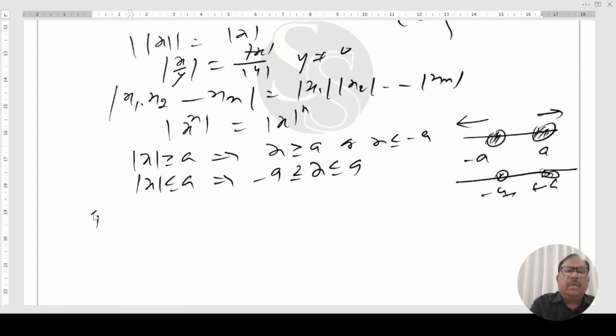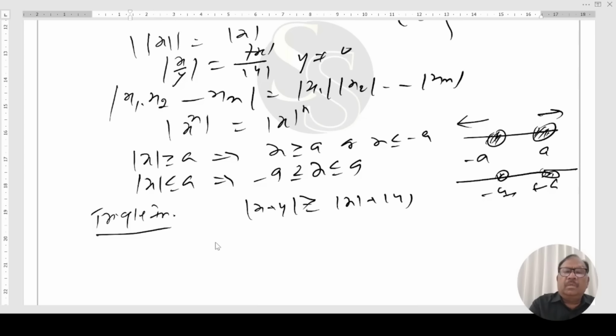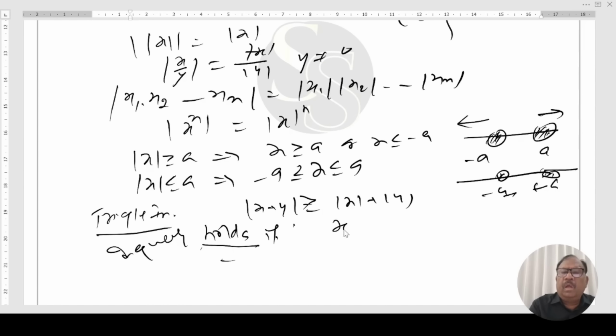Then the triangle inequality: mod of x plus y is less than or equal to mod x plus mod y. This inequality holds if x into y is less than 0, and equality holds when the product of x and y is greater than or equal to 0.